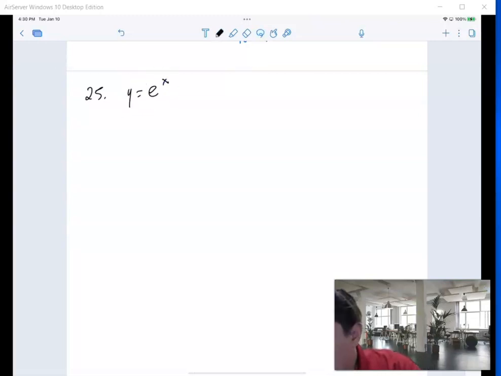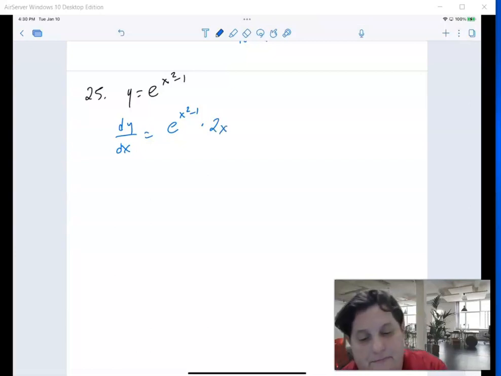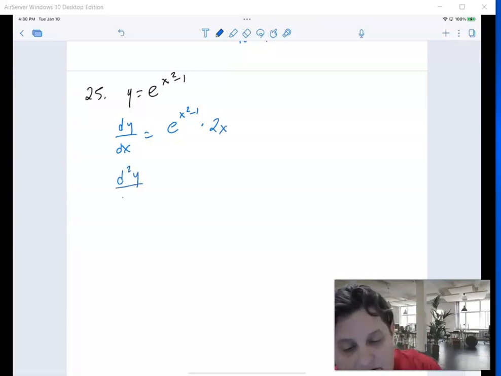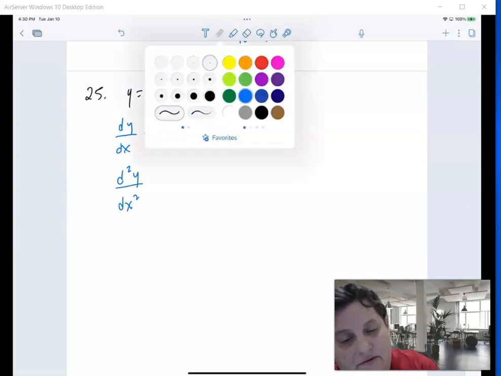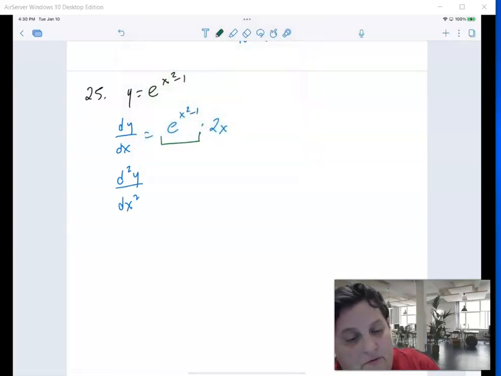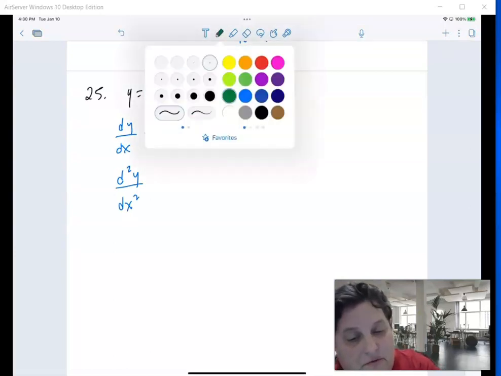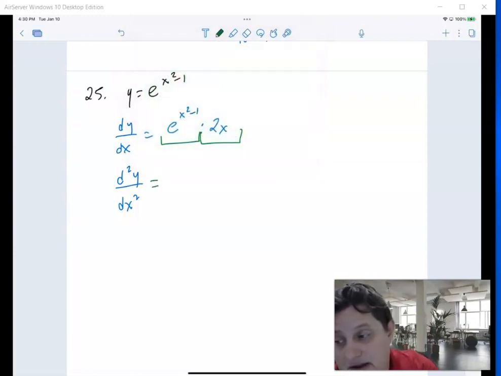Alright. E to the x squared minus 1, and it wants a second derivative. Well, guys, the first derivative is e to the x squared minus 1 times the derivative of x squared minus 1, which is 2x. Then guess what I have to do for my second derivative? A product rule, because the chain rule on the first one now gave me a product rule on the second.